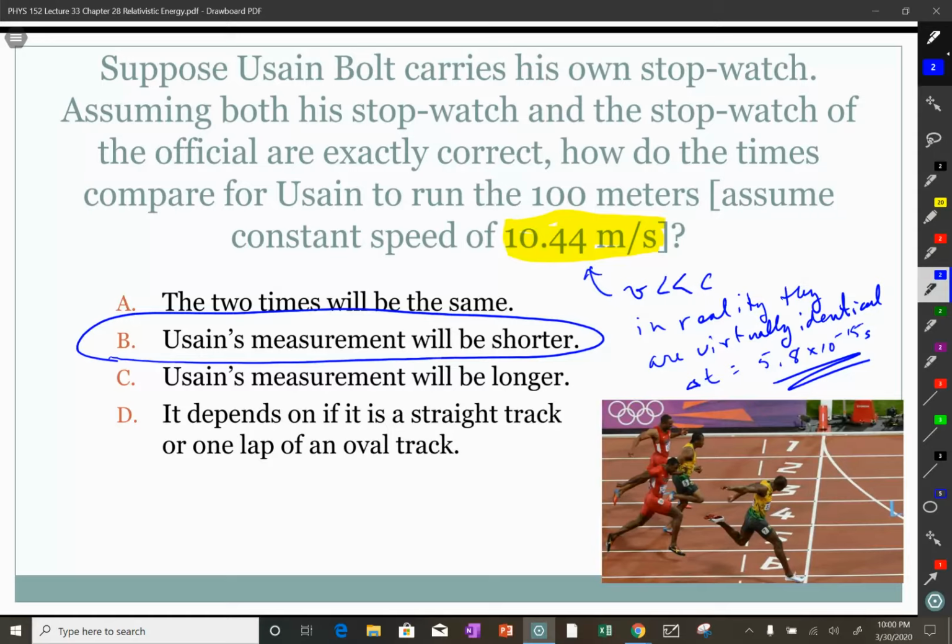But the other side of that equation is length contraction. Usain would also say, but this race was just a little bit short. In fact, Usain would say that it was about 6.1 times 10 to the minus 14 meters shorter than 100 meters. And of course, we all recognize no one would differentiate those anyway.